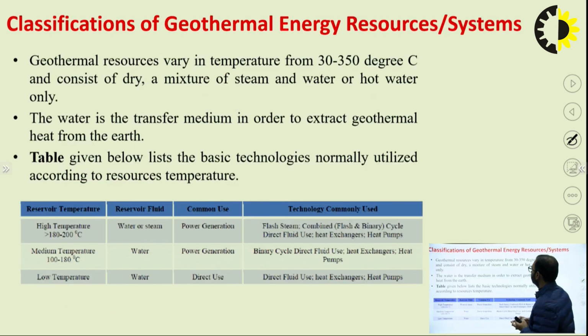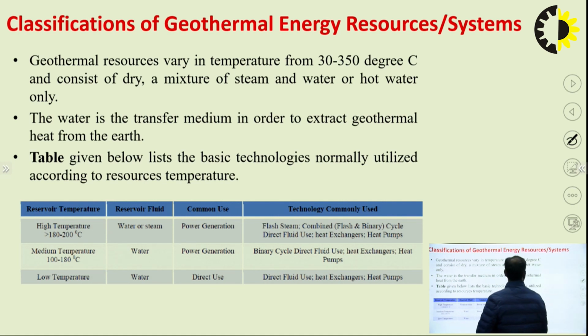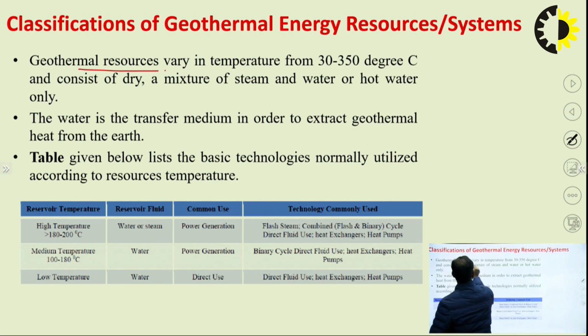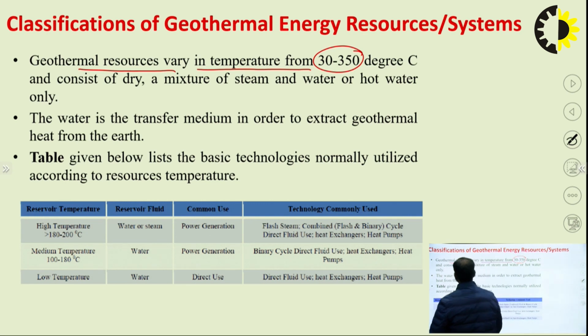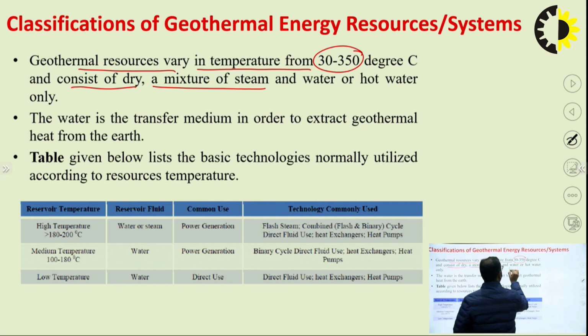Then what is the classification of geothermal energy resources, system? Basically, geothermal resources vary in temperature from 30 to 350 degrees Celsius and consist of dry steam, a mixture of steam and water, or hot water only.